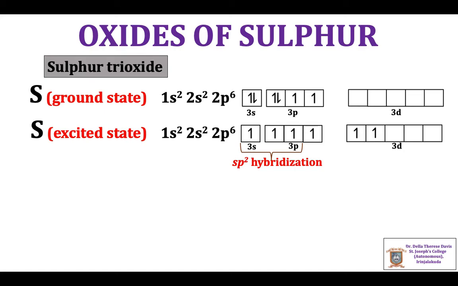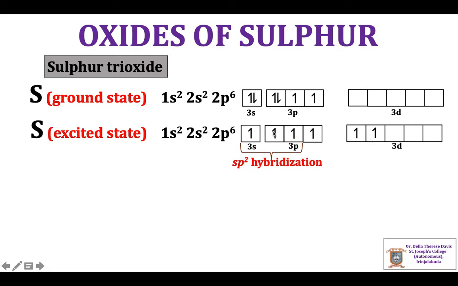Next is sulfur trioxide. In sulfur trioxide, the excited state of sulfur has the electronic configuration of 3s1, 3p3 and 3d2.